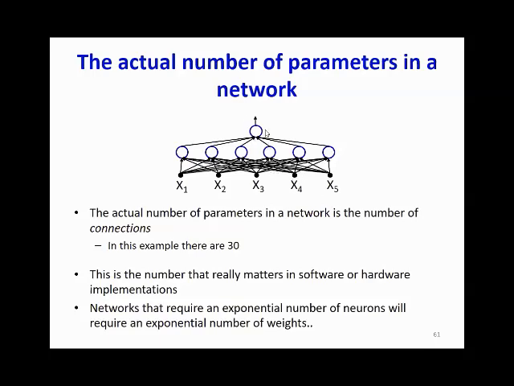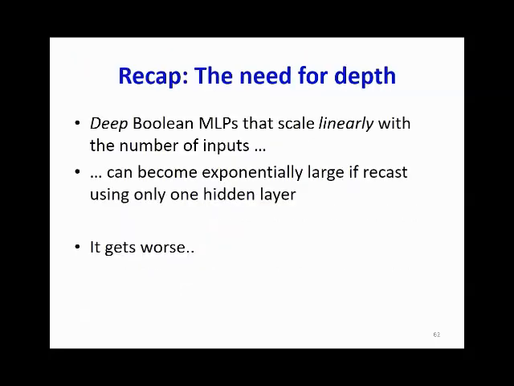As far as we are concerned, for our intuitions, we can continue to think in terms of the number of neurons, because a network that requires an exponential number of neurons will require an exponential number of weights. And so, to recap, deep Boolean MLPs that scale linearly in size with the number of inputs can become exponentially large if they're recast using only one hidden layer.